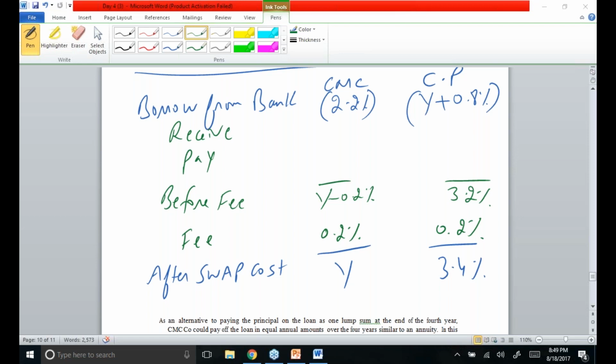Okay, just take an assumption, which is very simple. The party which is paying floating interest rate to its bank, that party will receive the exact floating rate from the other party. So we will assume that this party will receive exactly the same interest rate.